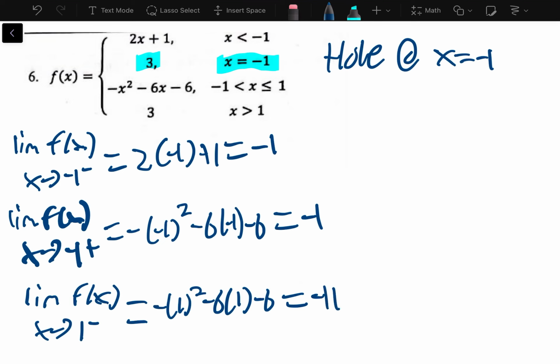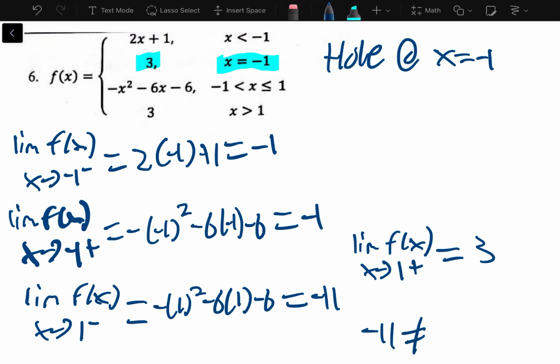And the limit of f of x as x approaches 1 positively is just 3. Since negative 11 does not equal 3, there is a jump at x is equal to 1.